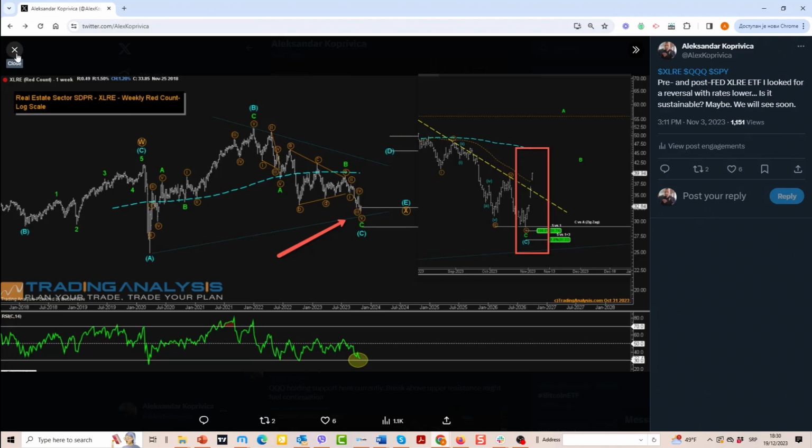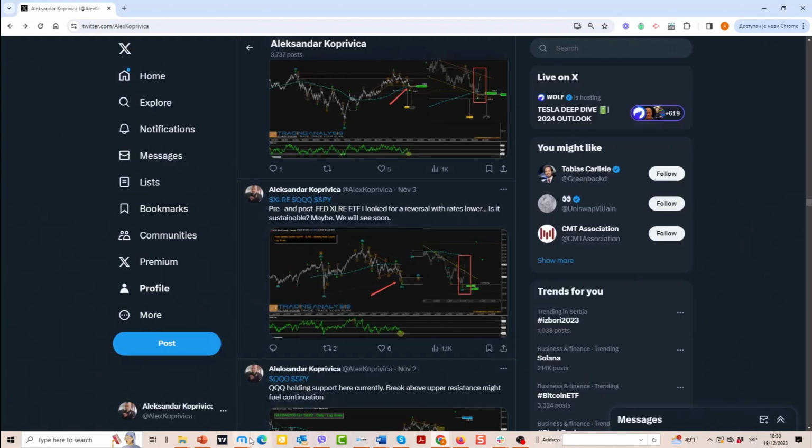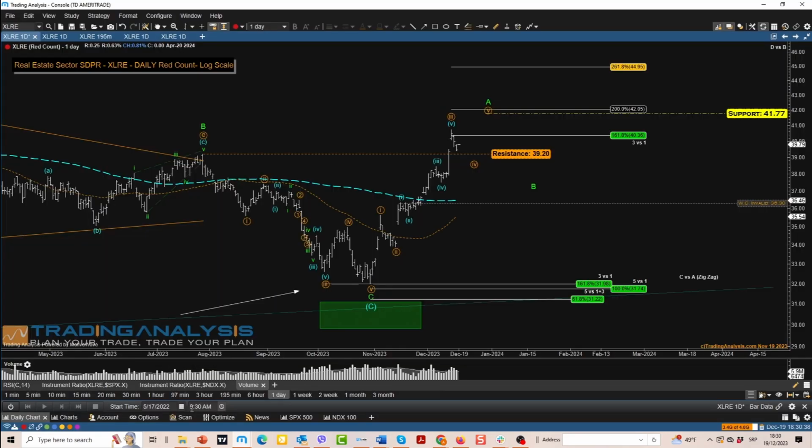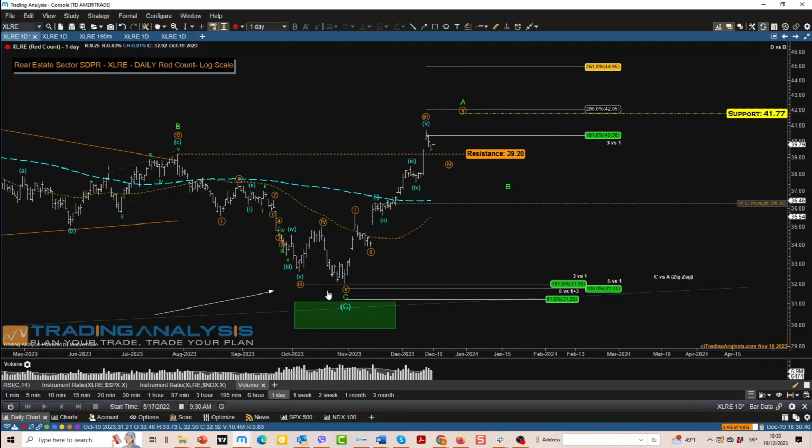But currently we can. Okay, so if we go to the current chart and look at what's going on in XLRE, now we have a pretty visible development of an impulsive sequence, which we usually use in Elliott wave as a possible confirmation for further upside after a correction.